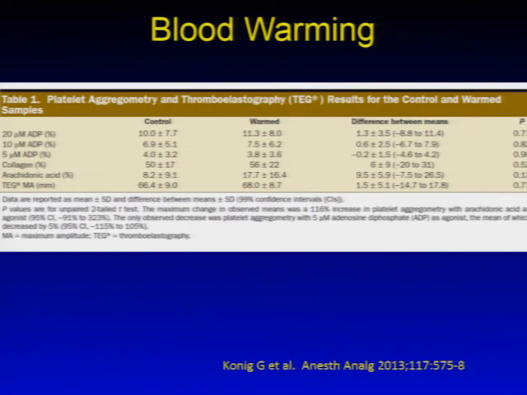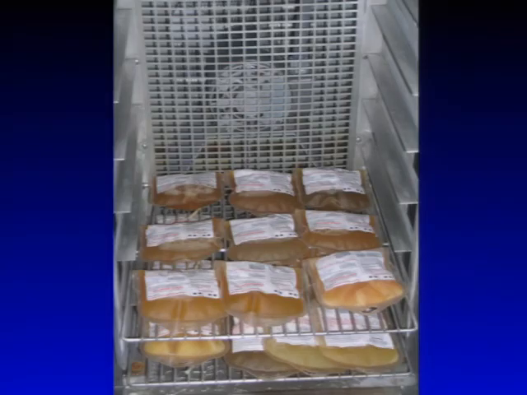It was using thromboelastography to look at the effects of platelet warming. So again, I will repeat, the results of this study do not support the prohibition against mechanical platelet warming. In other words, these platelets could be warmed without significant deficits.